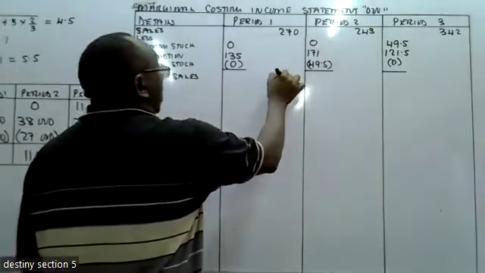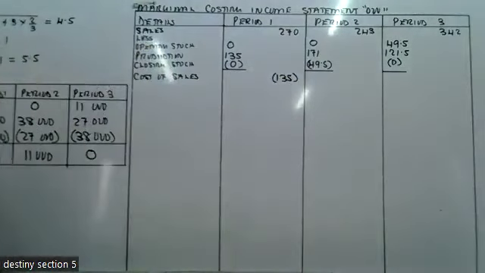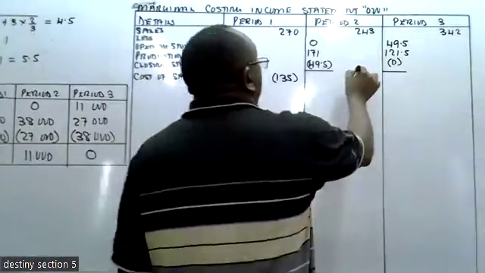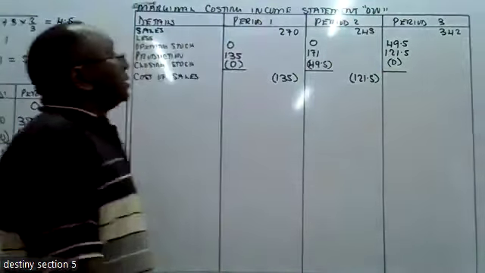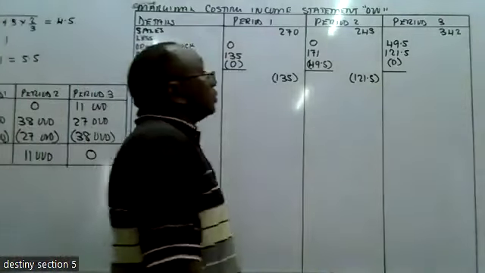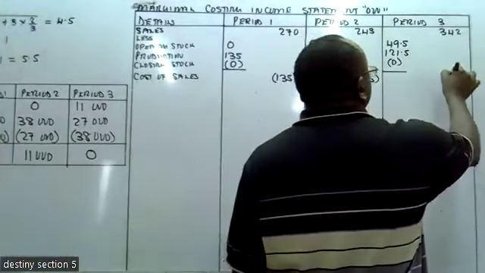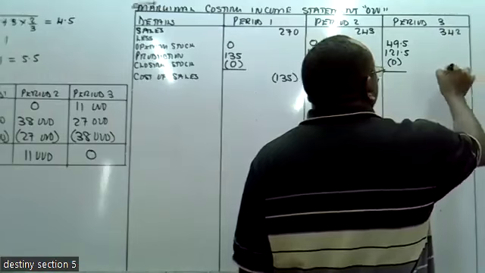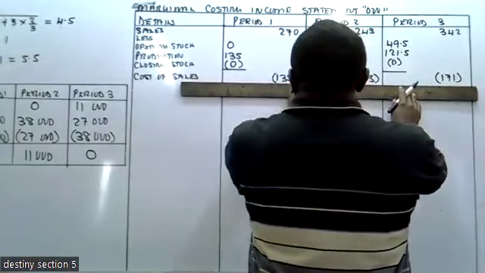Sasa inaandikwa hapa directly below sales, within brackets. Huyo mwingine period 2, 121.5, again within brackets. Huyo mwingine 171 exact, within brackets.